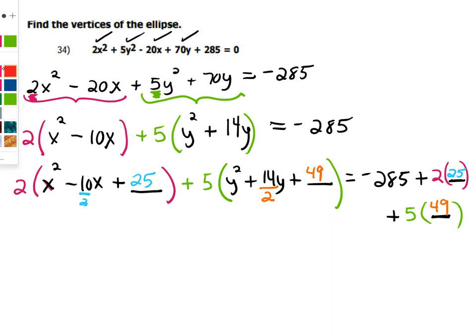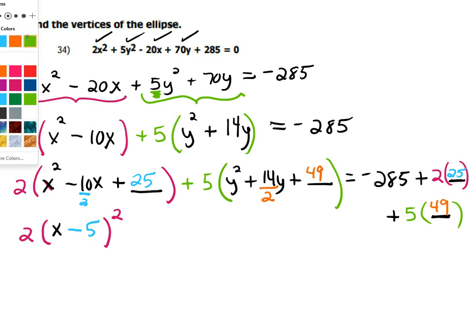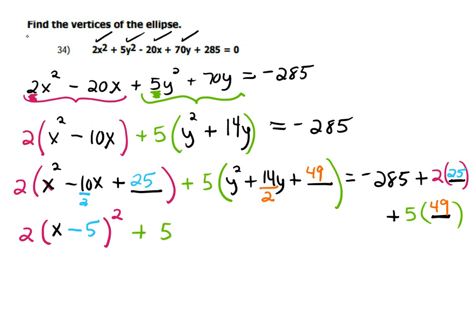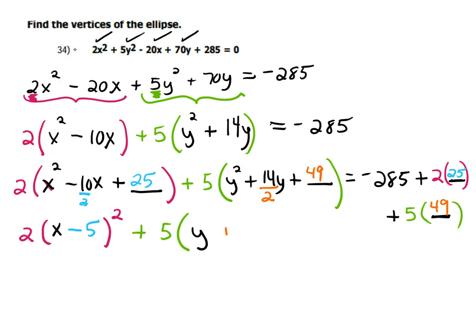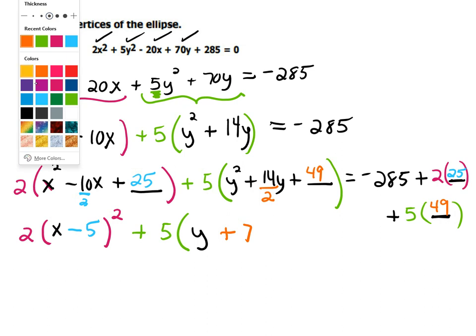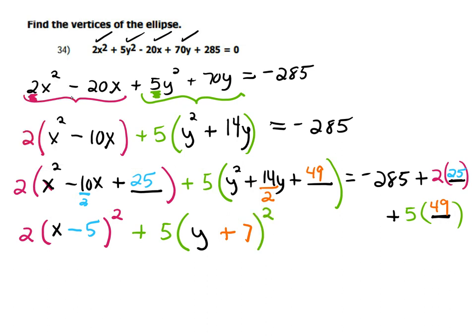So this is going to become 2 times an x, and this was a negative 10 divided by a positive 2, so it's an x minus 5 squared, and then plus 5 times a y, and then the positive 14 divided by 2 is a plus 7 squared.